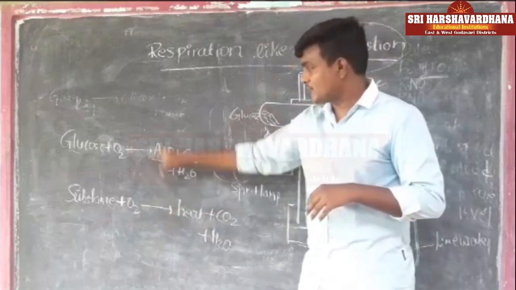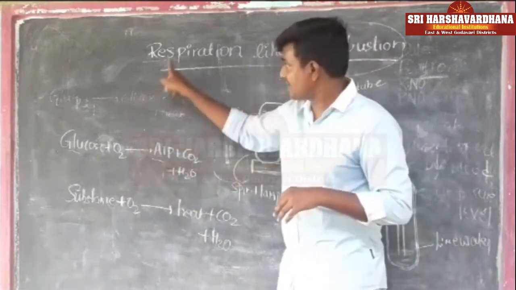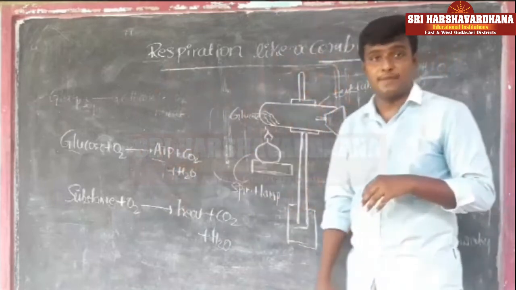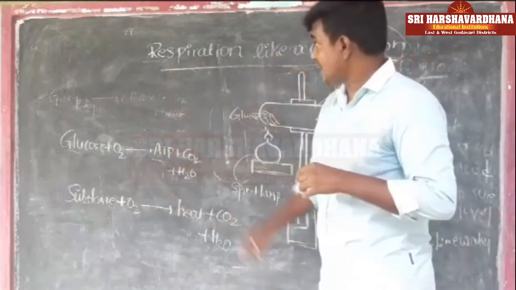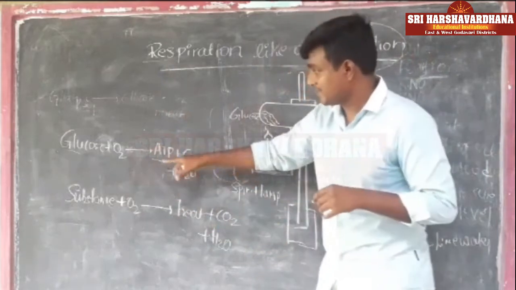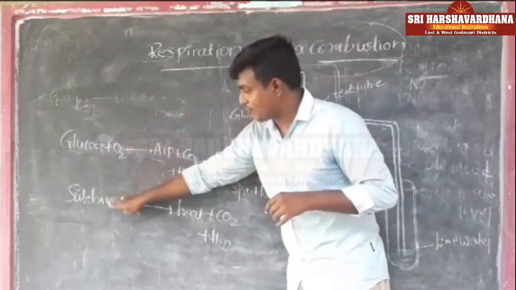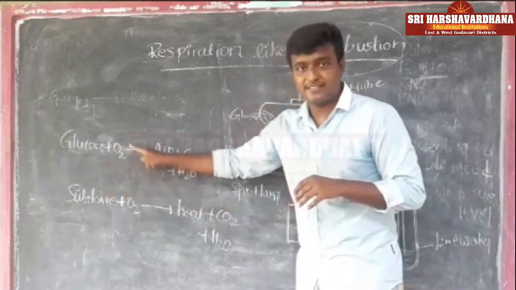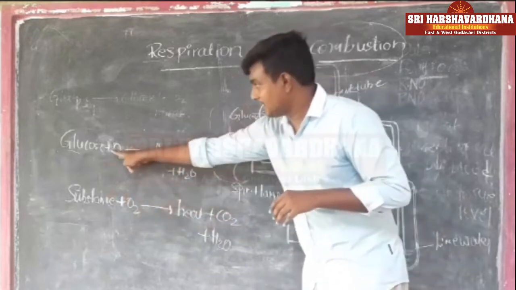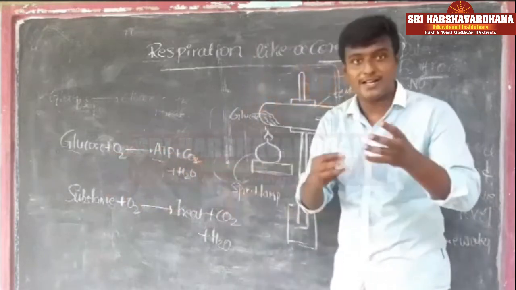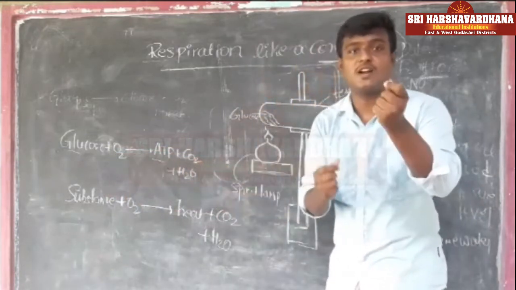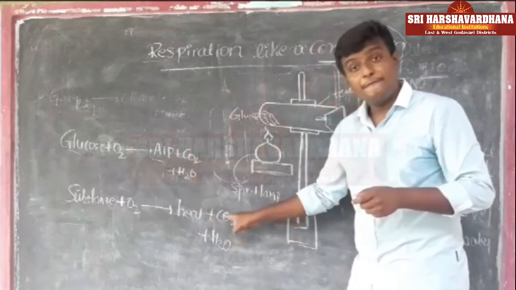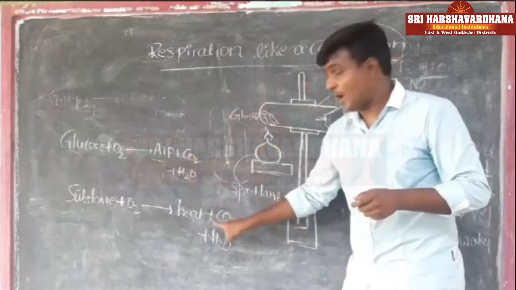So here, if you see these two equations, the first equation is regarding respiration, and the second equation is regarding combustion. If you take the respiration equation, here in place of glucose I wrote a substance only, but what they are reacting with is oxygen. At the end of the reaction, the products we get are carbon dioxide and water, here also we get CO2 and water.